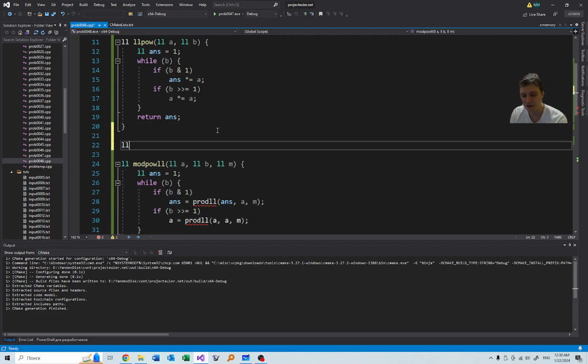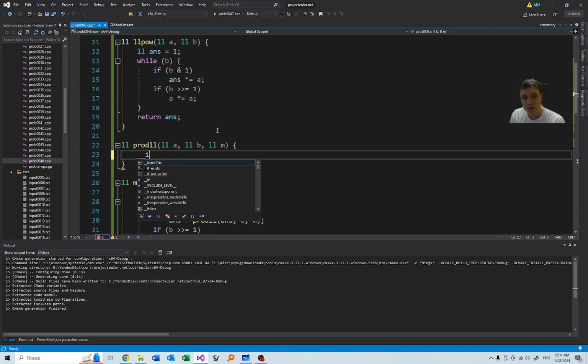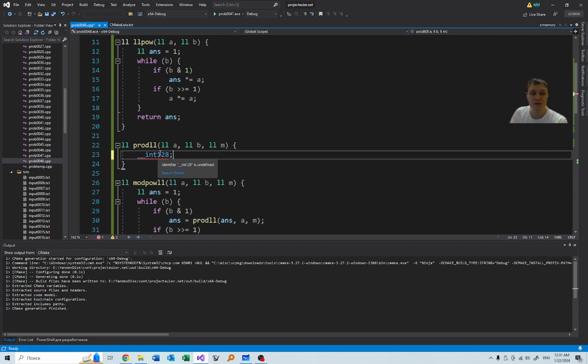And now we need a function prod LL. Great. So how do we do it? The best way would be to have int 128. However, Visual Studio is nice and it doesn't have this int 128. That's why I wanted to use GMP.